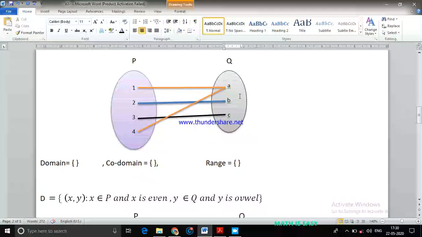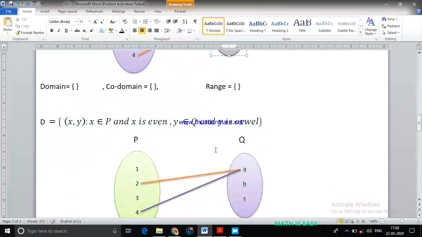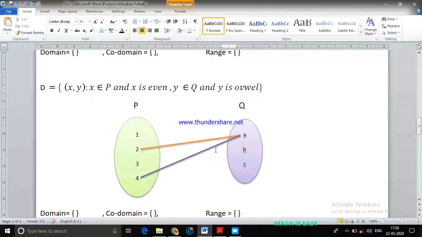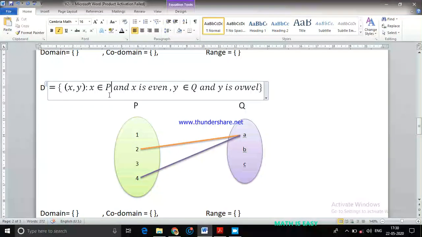And here in this example, A has mapping with more elements, and B and C have only one element mapping from P. Okay. Now go for the set D. I have taken x comma y such that x belongs to P and x is an even number, y belongs to Q and y is a vowel.